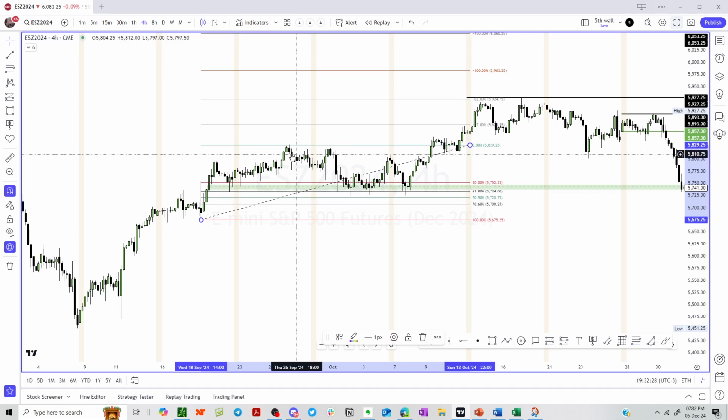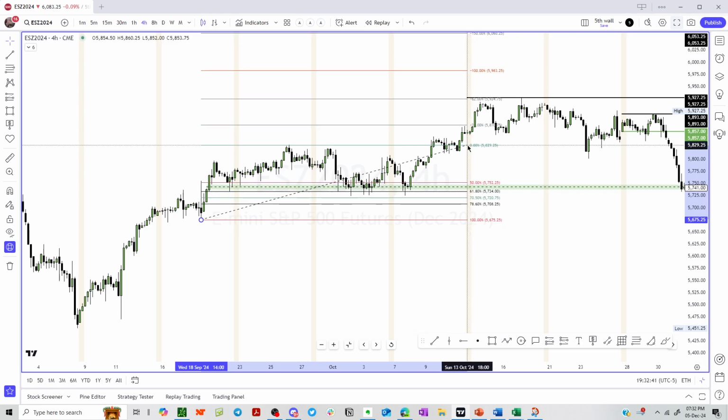So we got this swing low, this swing high around this inefficiency that we see price again was reacting to. Again, I eyeballed it, so it could be a little off.